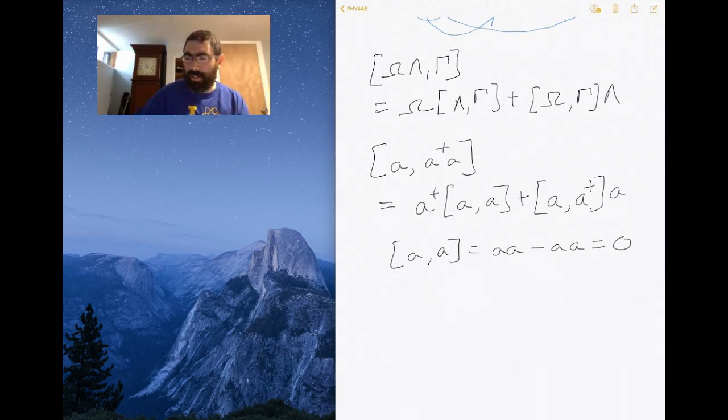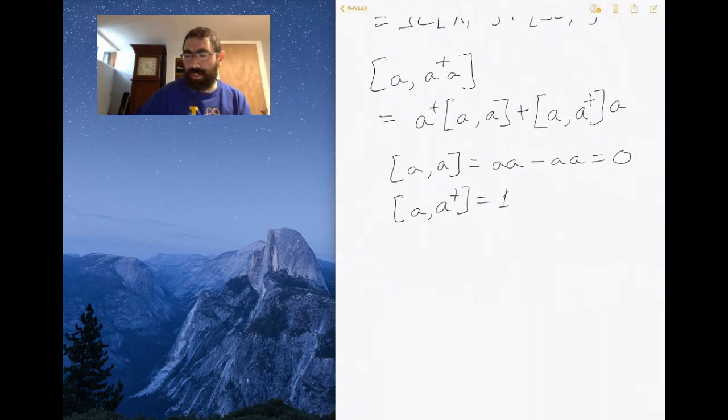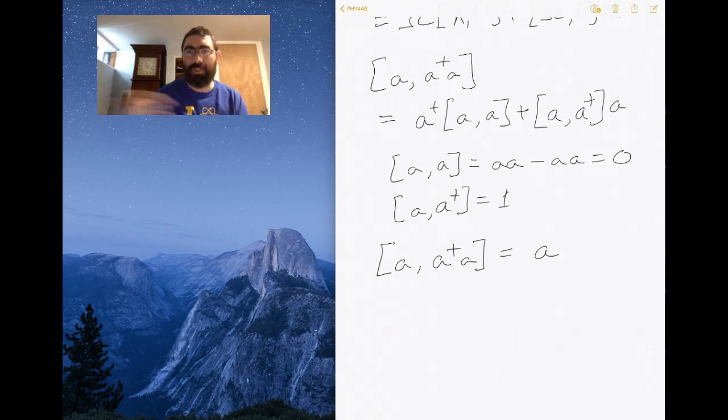And we already said that the commutator of A and A dagger is 1. So it is an interesting result that the commutator of A and the product A dagger A is just equal to A again. It's like an identity.